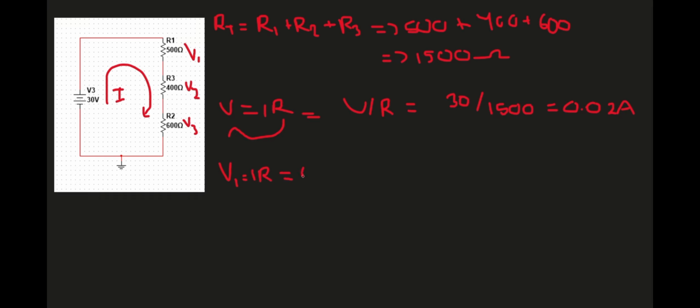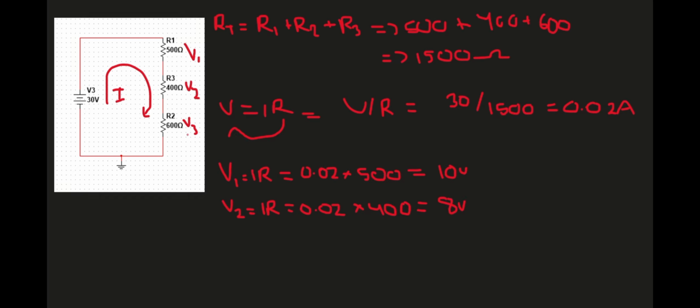So to find the voltage at R1, so V1, we will need to do current times resistance. So the current is 0.02, multiply that by 500, and that will give you 10 volts. So the voltage at this point is 10. To find V2, we need to use the same formula, and the current is the same, 0.02, multiply that by 400, and that will give us about 8 volts.